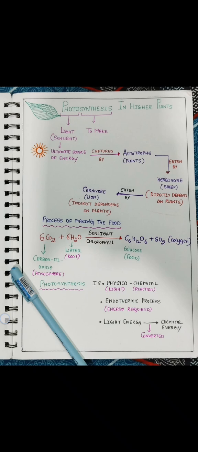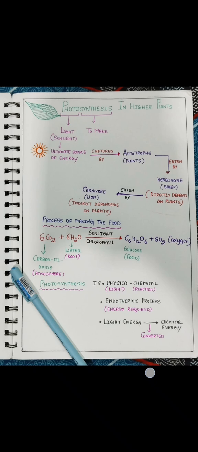Now, when we are talking about how to define photosynthesis, I have divided the definition into three parts. Photosynthesis is a physiochemical endothermic process where light energy is converted into chemical energy. Let us take the first part of the definition, physiochemical.